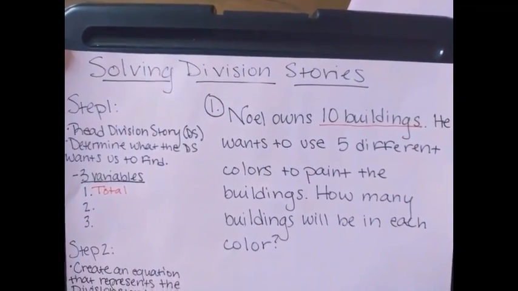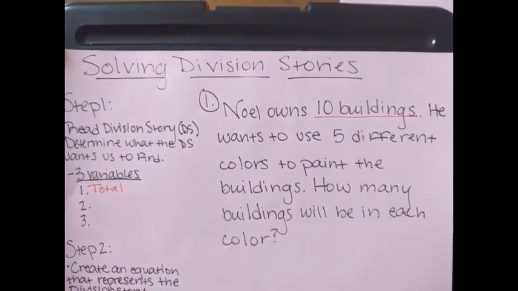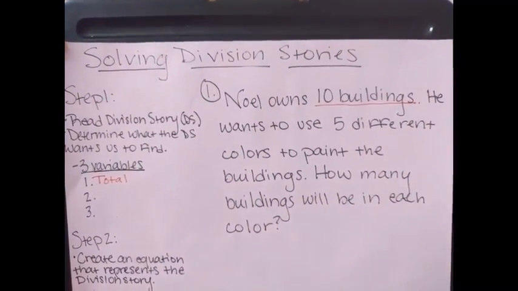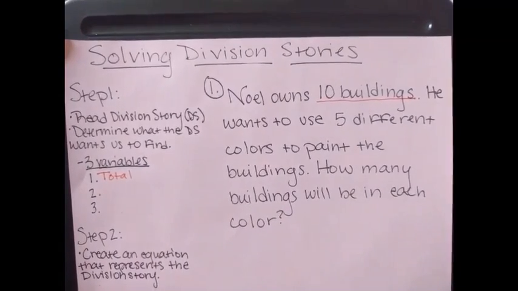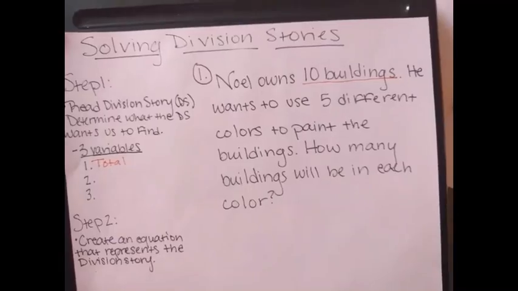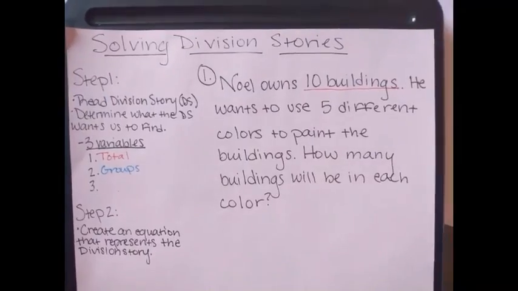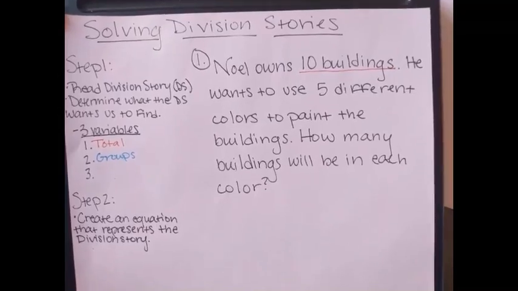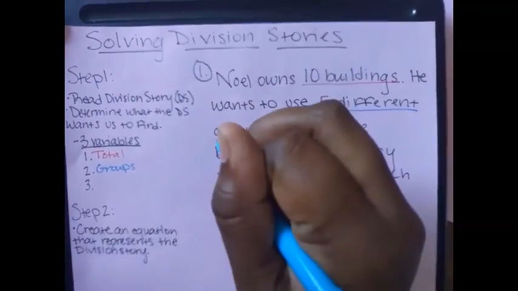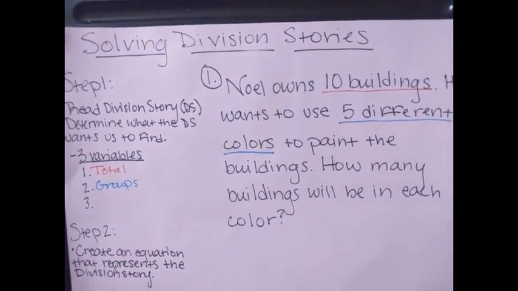The next 2 variables we will talk about are not always given to us in our division stories, but they will always be represented in our division stories in some manner. So, the next one we'll talk about will be our groups. In our first example, the groups are represented by the 5 different colors. And that only leaves us with 1 more variable.